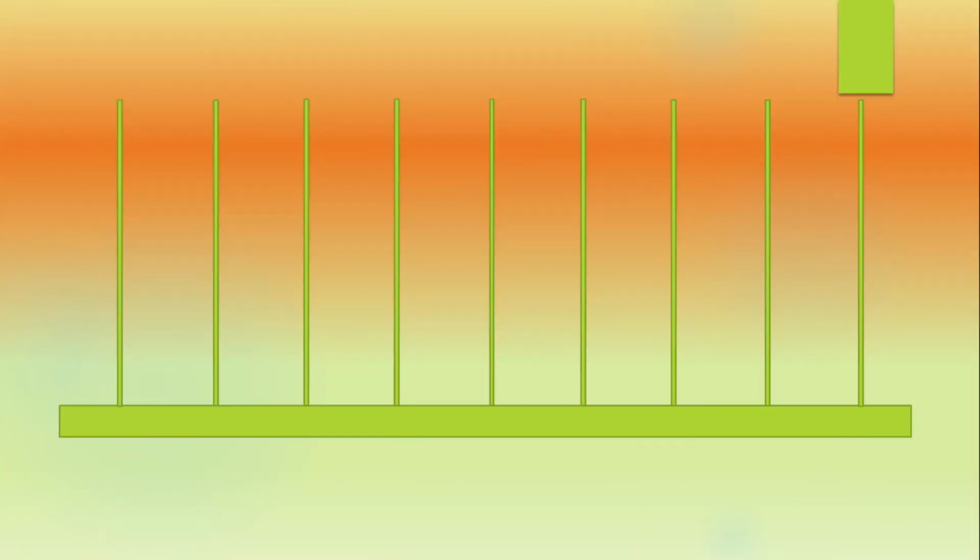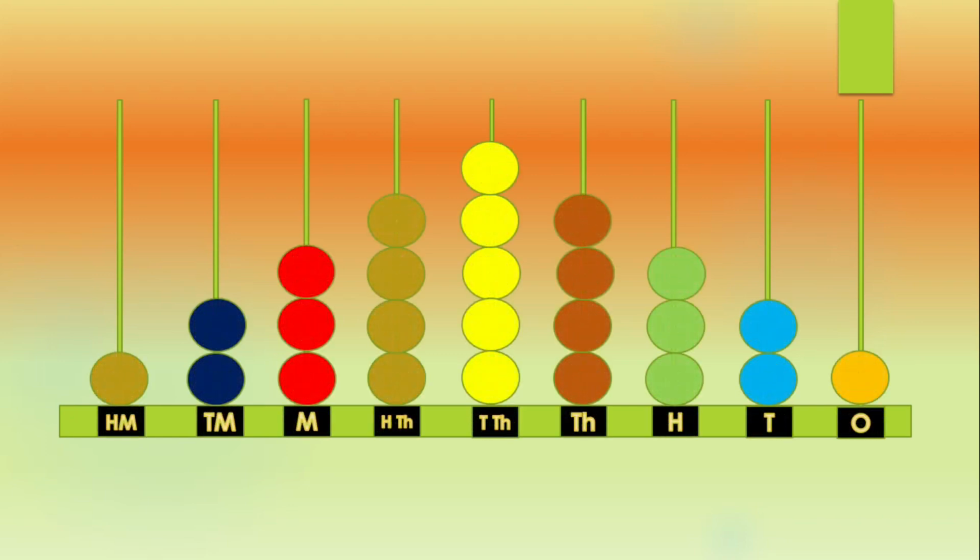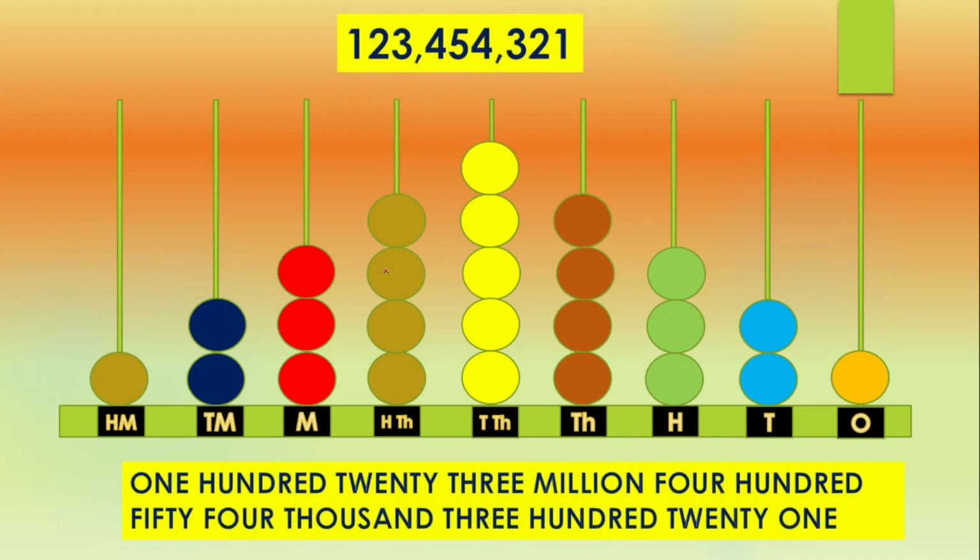So children, now here you can have a look at the first example to read the number according to the international system of numeration. You can see here again all the rods at the ones, tens, hundreds, thousands, 10,000s, 100,000s, million, 10 million and 100 million are filled with beads. So what is the number shown here? How will I speak? I speak these 3 places together, that is the millions period.